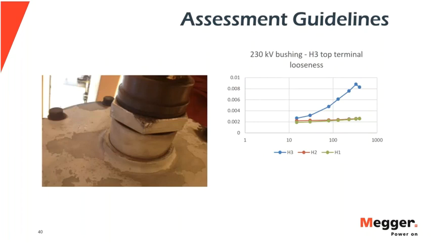I have also for you an example that I showed in a presentation a couple of years ago in one of these mega webinar series, and this is test data from bushings at a cogeneration plant.